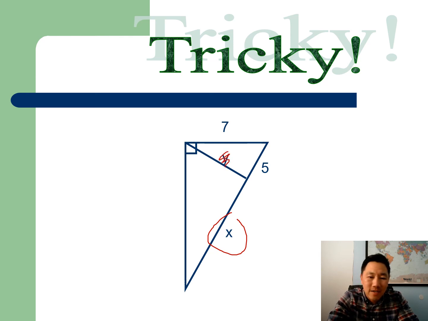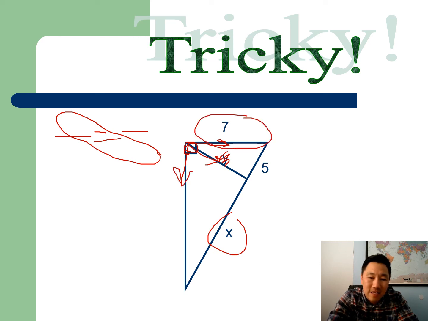To set it up, remember, whenever you do this, the two numbers that go here always come from the 90 degrees, so either here, here, or here. And it looks like it's the 7 that goes there. 7 and 7.